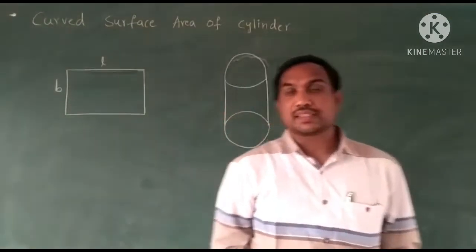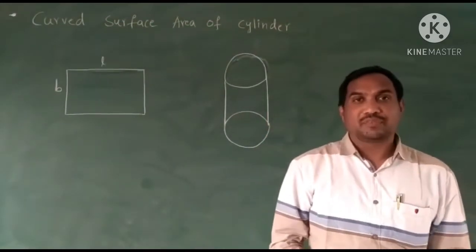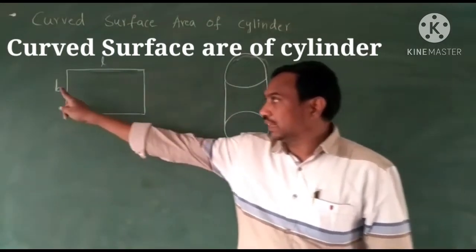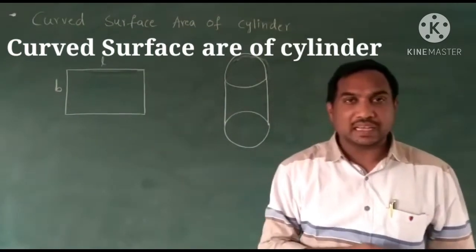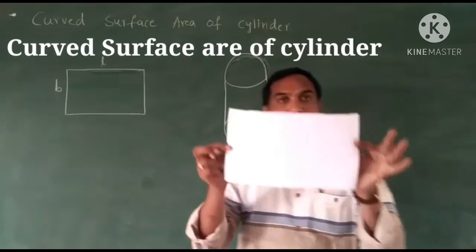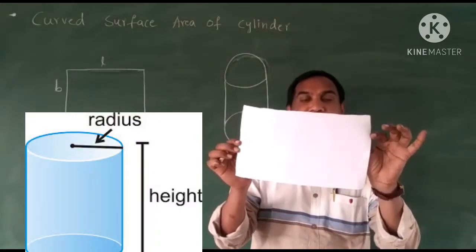Now we discuss how to find the curved surface area of the cylinder. Before that, here it is a rectangle with breadth B and length L. What is the area of this rectangle? That is length into breadth, L into B. Now you see here, this paper is in the shape of a rectangle.